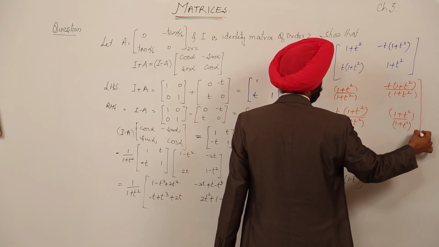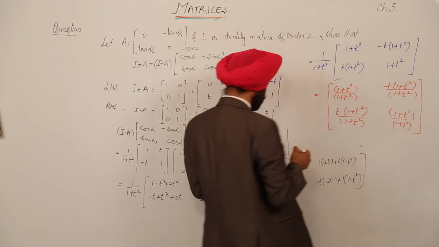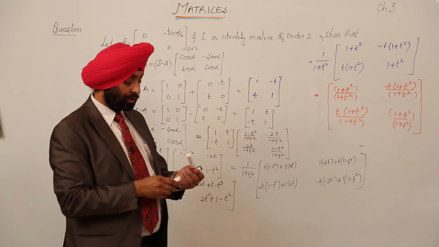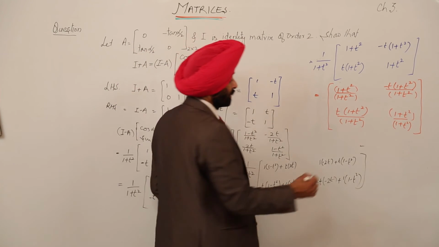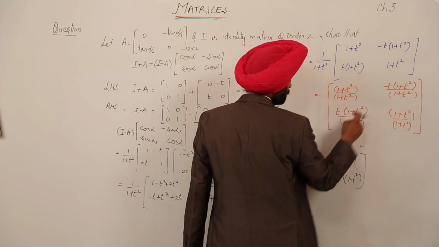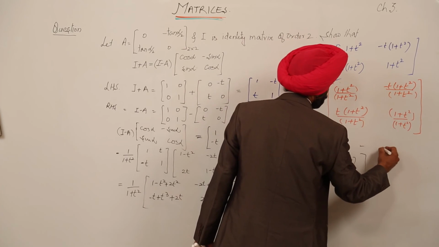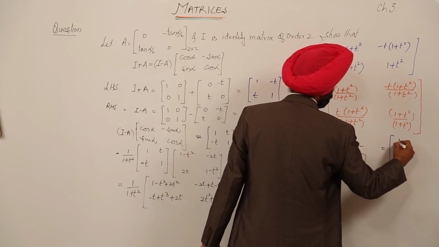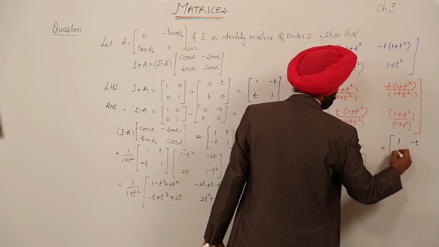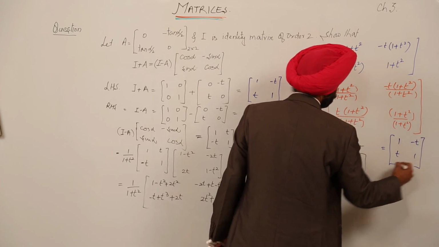Now we have a very nice result. Cancelling this with this, this with this, this with this and this with this, we are having 1, minus t, t and 1.